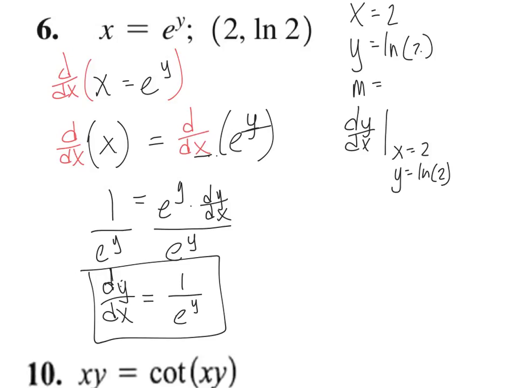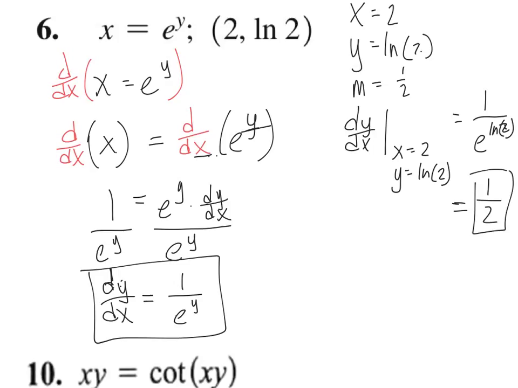That's going to give me 1 over e to the natural log of 2. Guys, I know this might be confusing, but when I take e to the natural log, I'm just taking the inverse and I get the input, so I just get 1/2 as a result. And that's my slope.